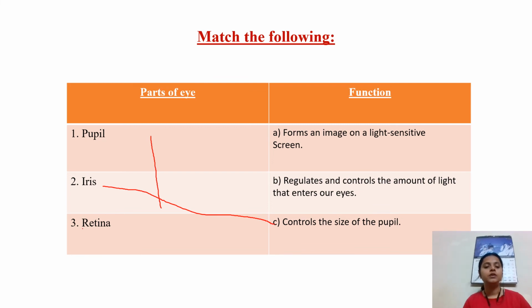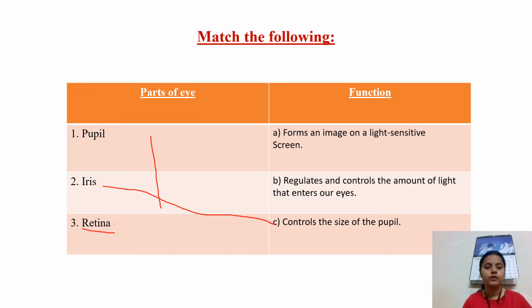Okay. Now comes the retina. Retina forms an image on a sensitive screen. Yes, the retina is a very sensitive screen where the image formation takes place. Please do remember this, students. This is very important and you should know that the image is formed on the retina. So now I will match it with a different color.